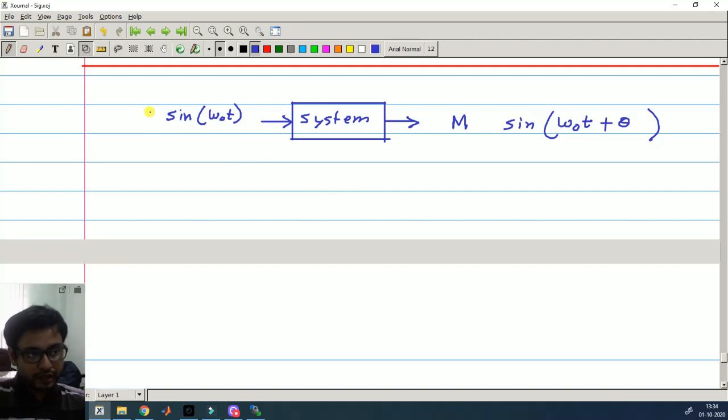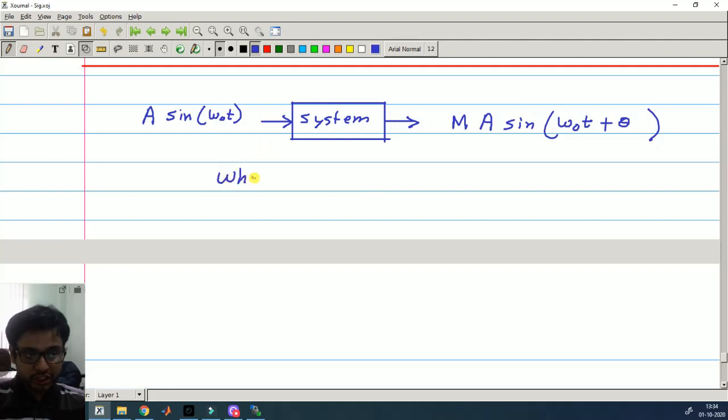If you give a sine omega naught t as the input, the output will be m into sine of omega naught t plus theta.